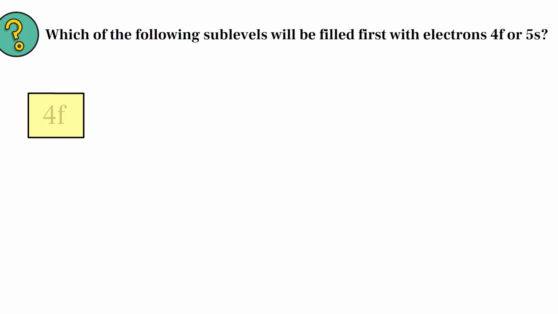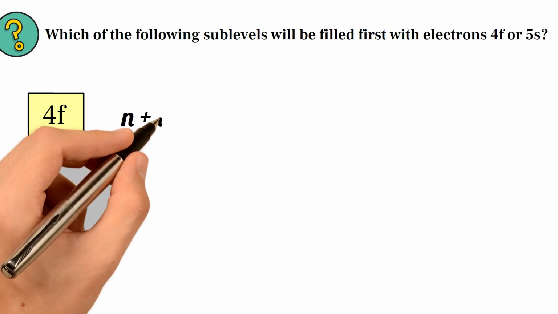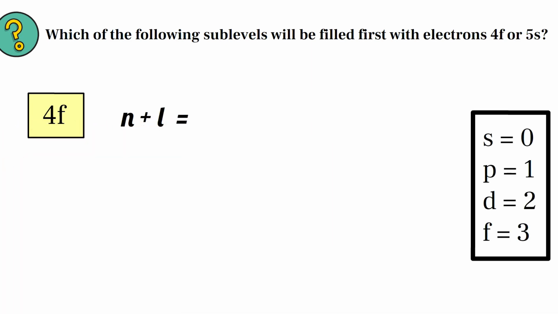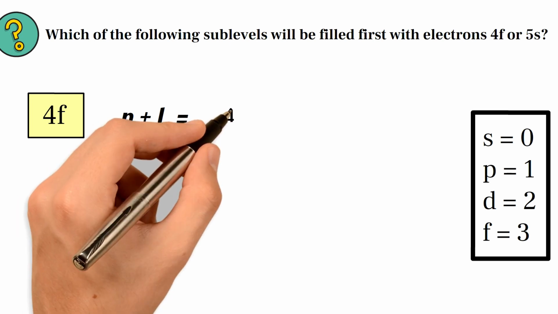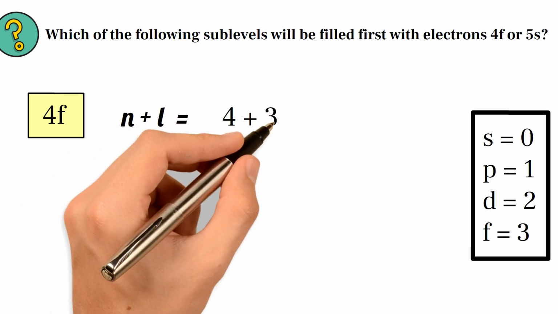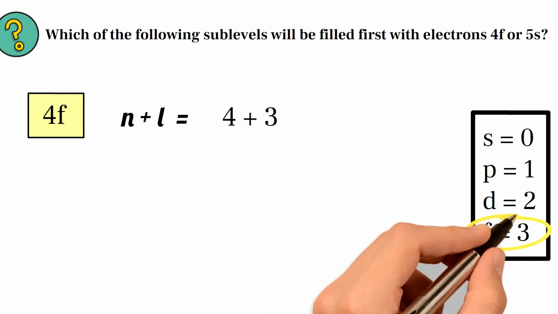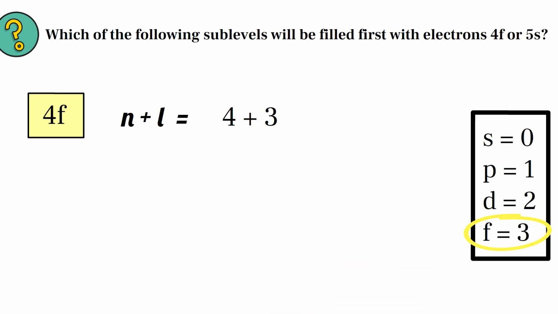The energy of the 4f sublevel according to the n plus l rule, where n equals 4 while l equals 3 because the value of the sublevel f equals 3. The result equals 7.